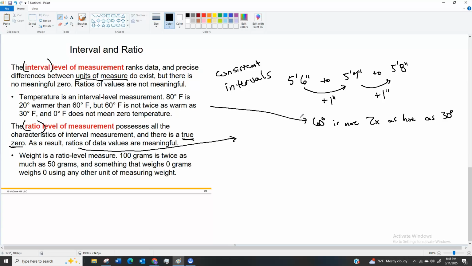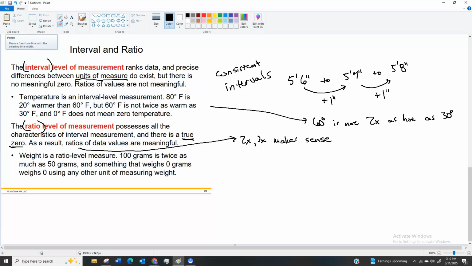doesn't make sense, it only reaches the interval level. But if it does make sense, if 2 times, 3 times makes sense, then it reaches the ratio level. So temperature does not reach the ratio level, but height, weight, and things like that do.